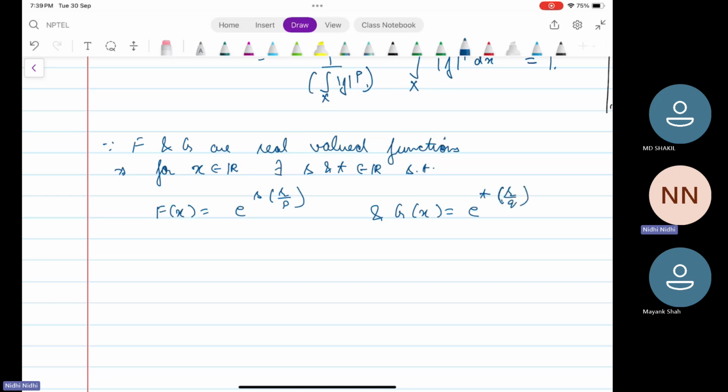Now this is happening because f and g, I think I should have taken positive, because exponential will give us only positive values. No?